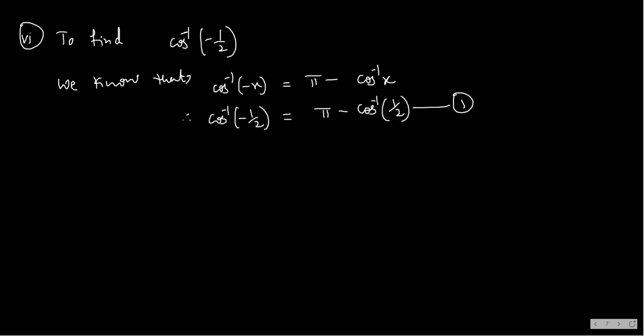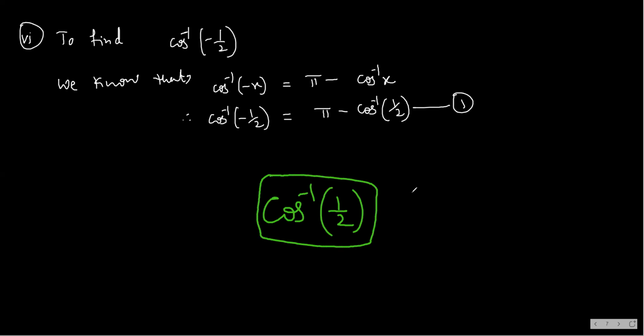As such, what is the meaning of cos inverse 1 by 2? Remember students, this is an angle. It simply means an angle for which cos value is 1 by 2.